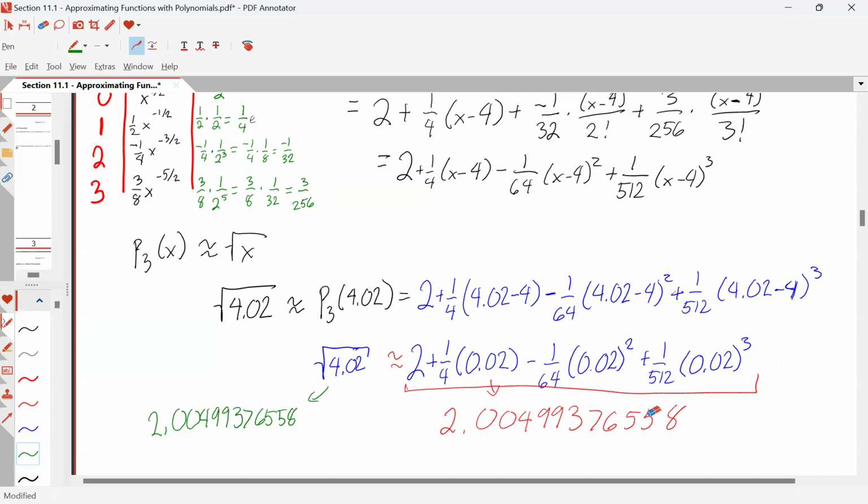I wrote my numbers down wrong. This one ends in 63. So the polynomial approximation is 2.00499376563.